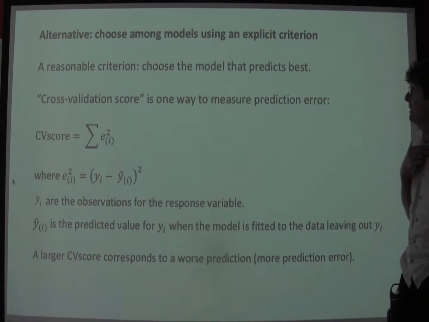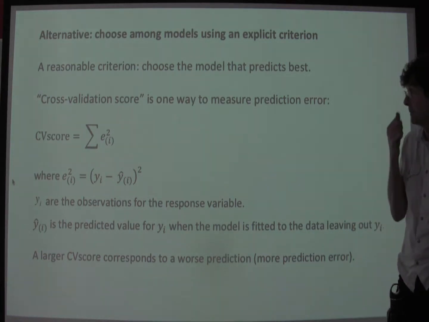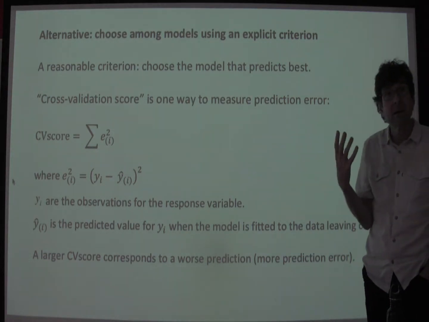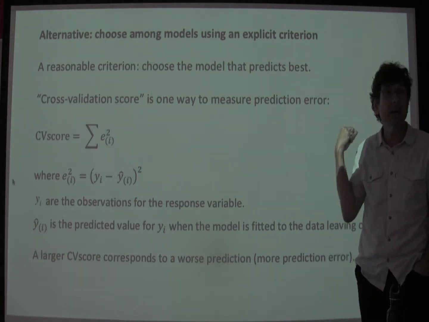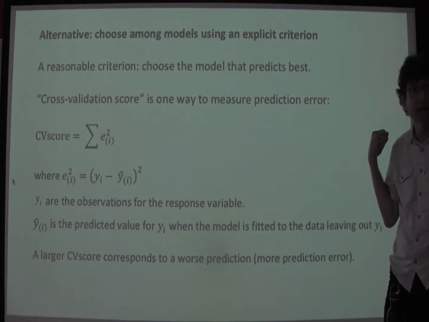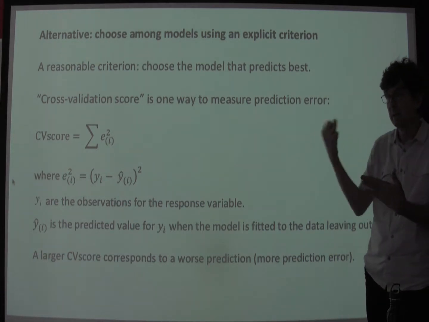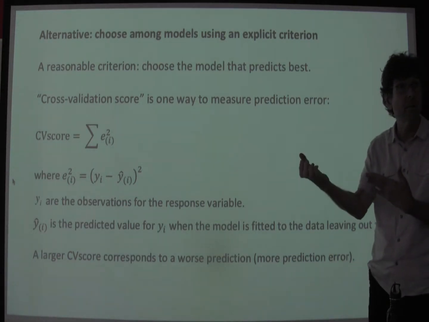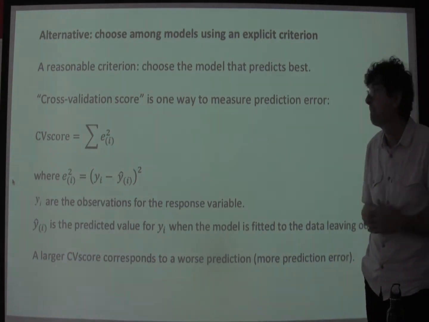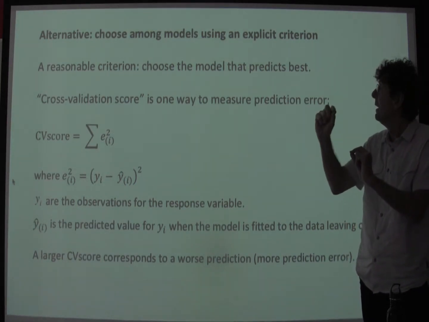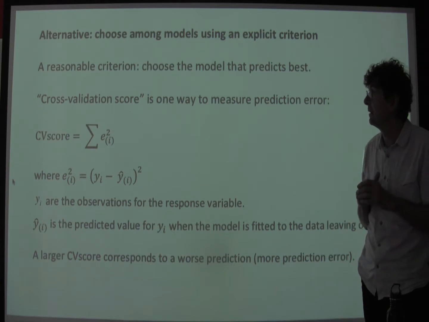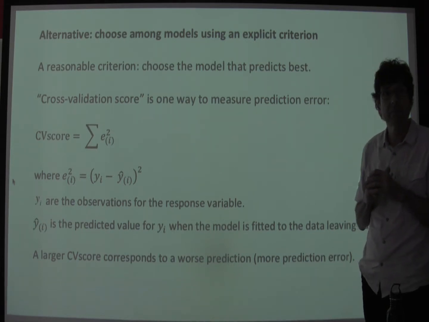So a cross-validation score is where you take one data point and you leave it out. You fit your model, and then you see how well that data point is predicted by the model. The difference between the prediction for that missing data point and the actual observation is called the prediction error.